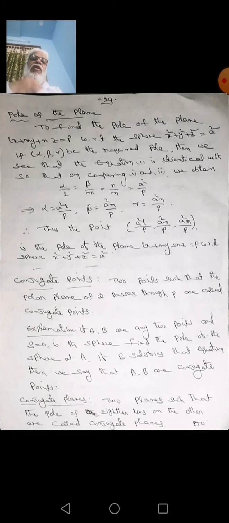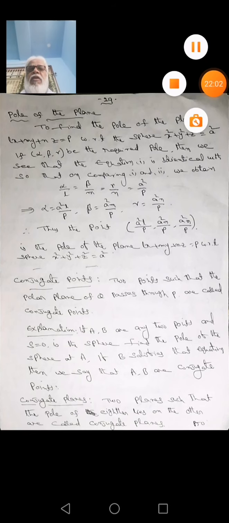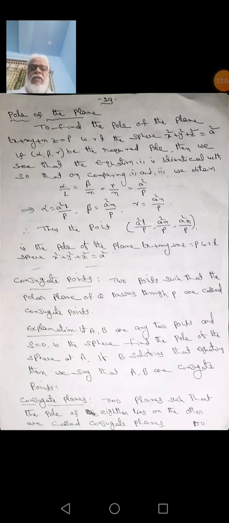First we want to prove that 2 points are conjugate with respect to a given sphere. S is equal to 0 is the sphere and A, B are any 2 points.